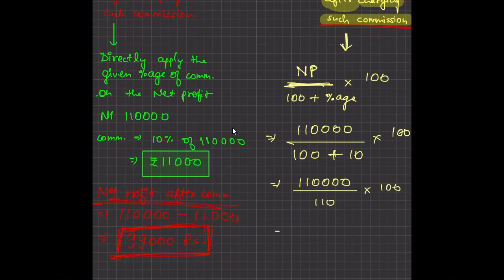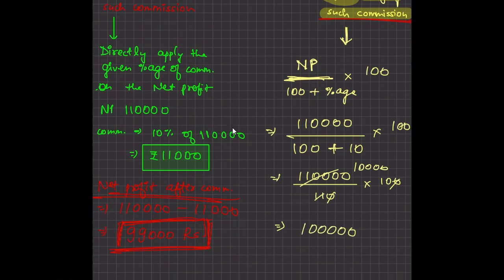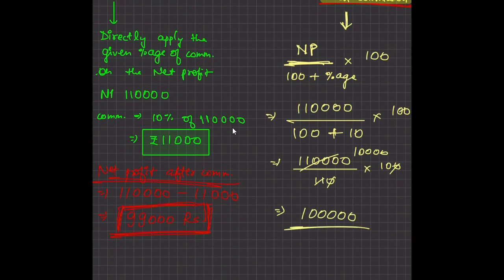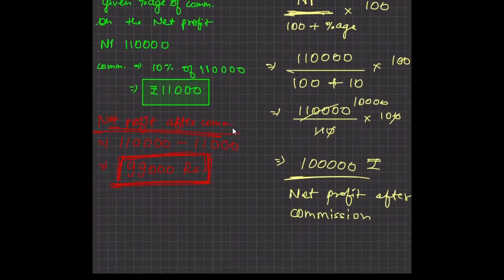The zeros cancel off, 11 will cancel off, this would be 10,000 and the figure would be 1 lakh. This figure which we have received is the net profit after commission, 1 lakh rupees.